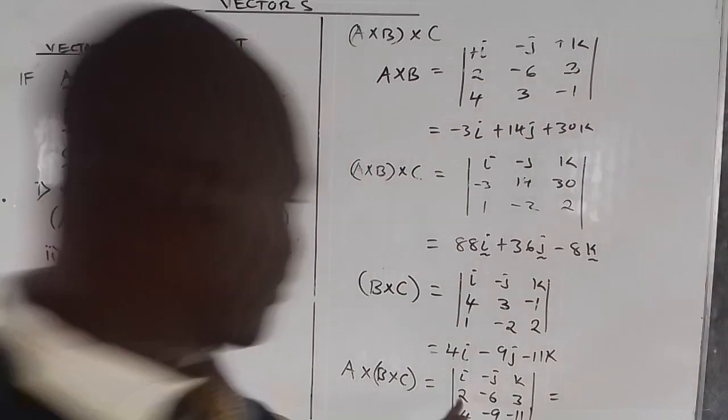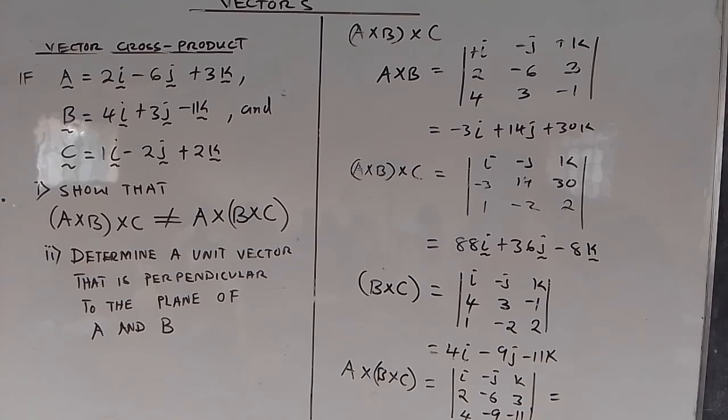So I want you to feed 2, negative 6 and 3 to be vector A. You go to vectors, number 8. So you select 1, then 3, number 1 for 3-dimensional. So vector A you are feeding 2 for X, then negative 6 for Y, then 3 for Z. You fed vector A. Then you let B cross C be vector B, isn't it?